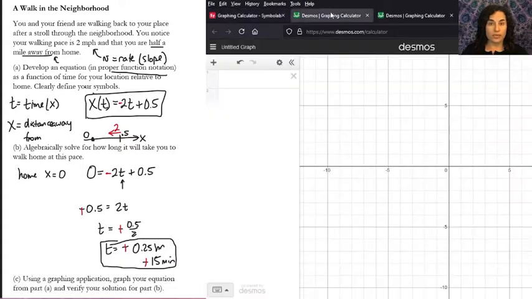I'm comfortable with Desmos, and I'm going to show you how to use Desmos here. Notice in my original equation, I have x and t as my output and input variables, but when I enter this into Desmos, Desmos doesn't think in terms of time. When I enter t, it doesn't automatically know that I mean time. And so what I'm going to do is use regular x and y for input and output variables in Desmos.